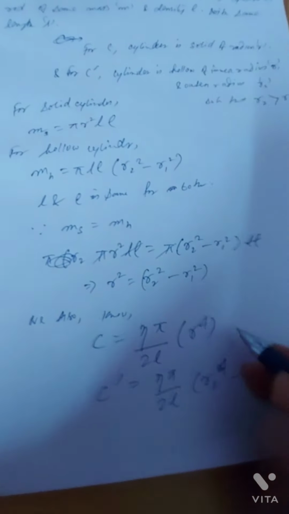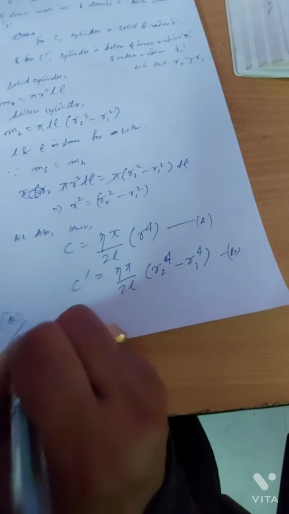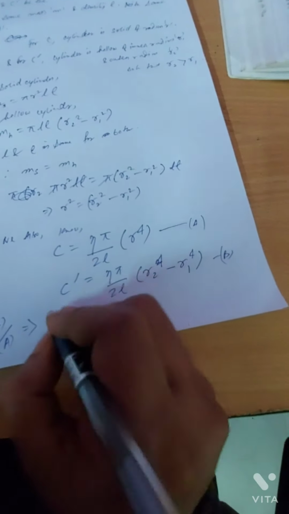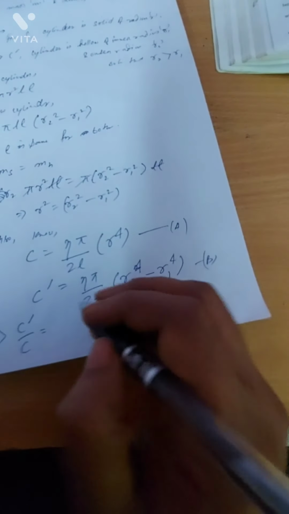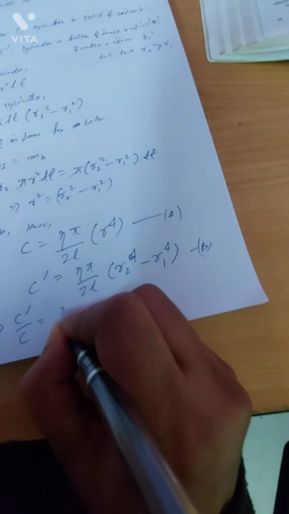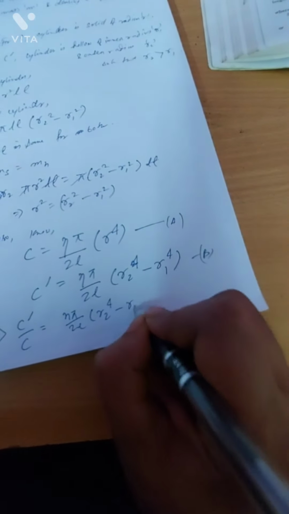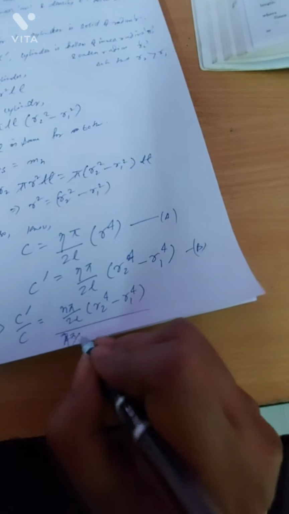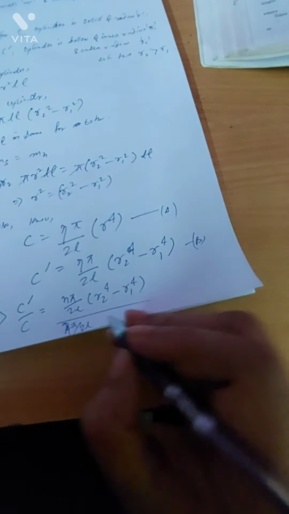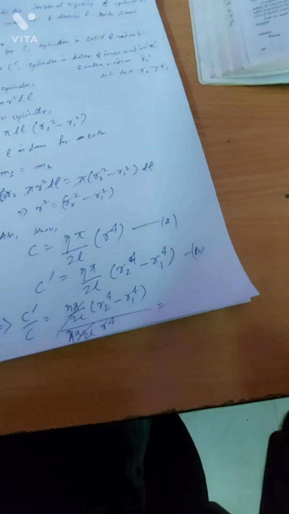Now if we take the ratio, this is A, this is B. B divided by A gives C dash by C, so eta pi by twice L cancels out.